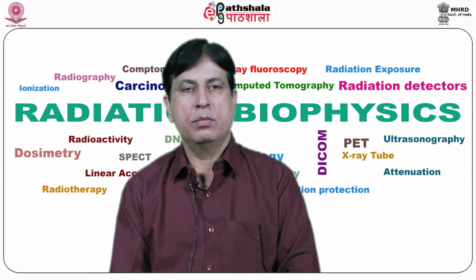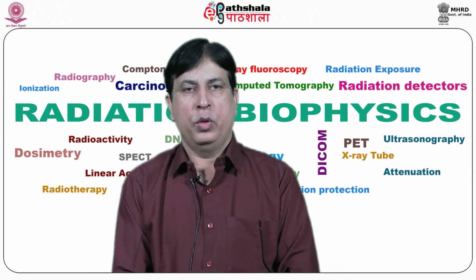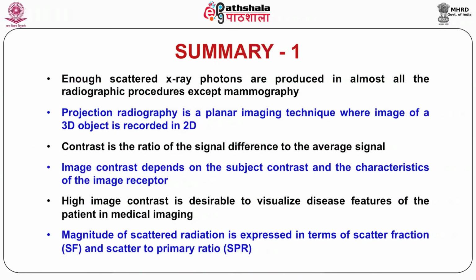We will summarize this module with the following important points. Enough scattered X-ray photons are produced in almost all radiographic procedures except mammography. Projection radiography is a planar imaging technique where the image of a three-dimensional object is recorded in two dimensions.